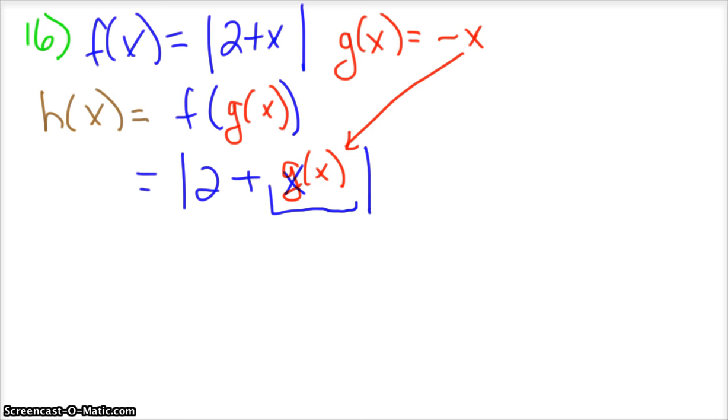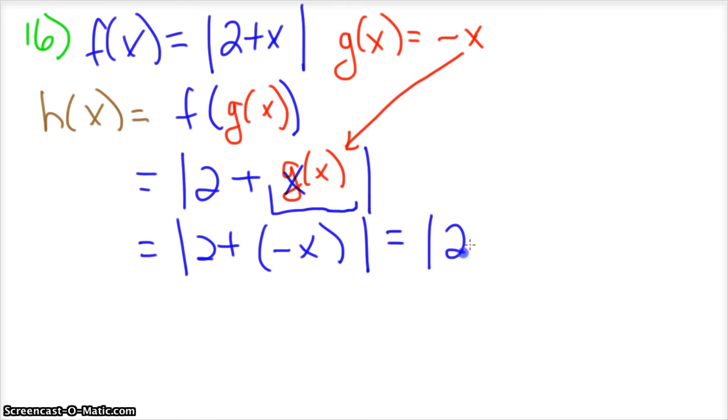So I'm going to rewrite it nice and clean. 2 plus g of x is negative x. I should have done that in red, but you got the idea from here. This is the same as saying the absolute value of 2 plus a negative is minus x. Okay. So there's your h of x equals the absolute value of 2 minus x.